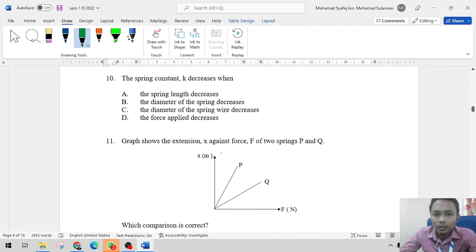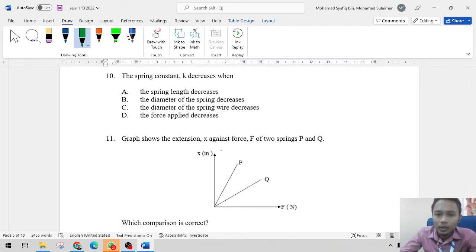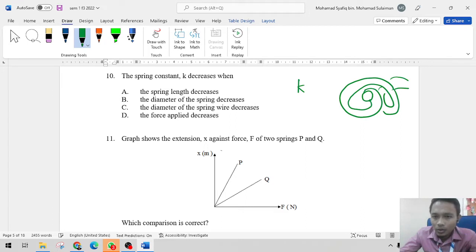Number 10, the spring constant k decreases when. Like I drew initially, we have a spring. k increases when the thickness increases, or the length is shorter, or the diameter here is small.